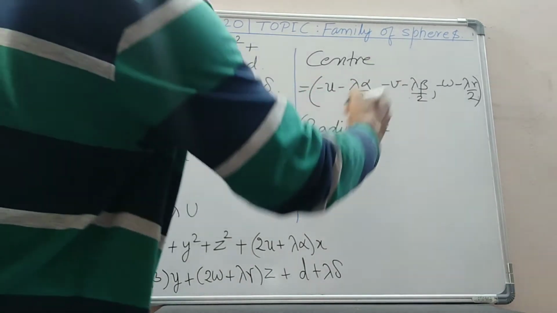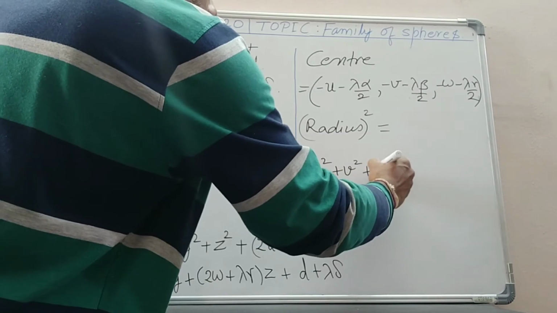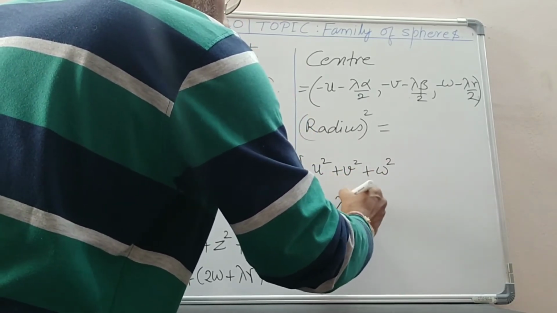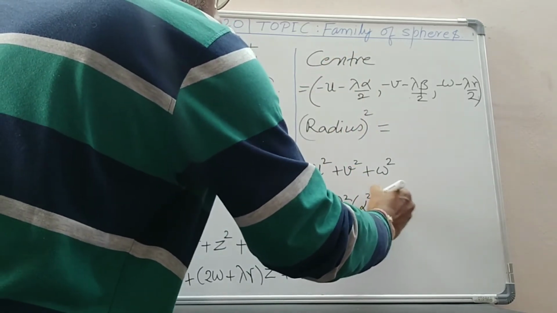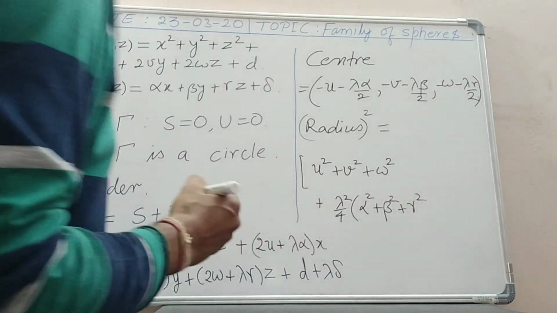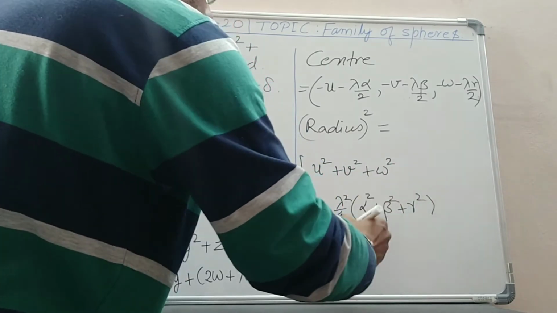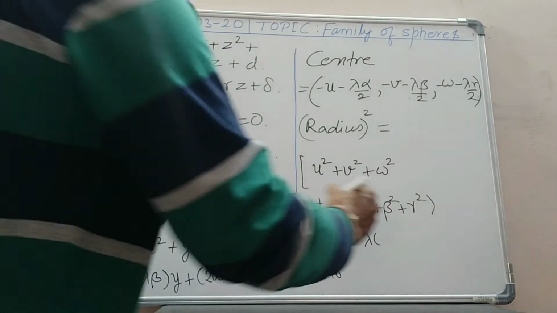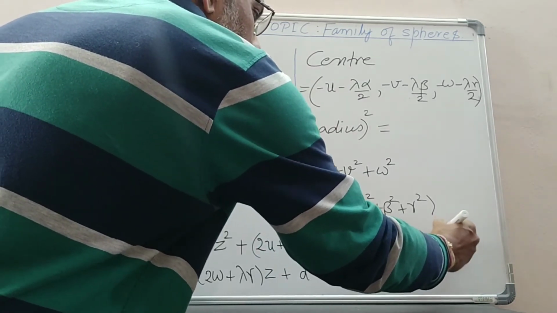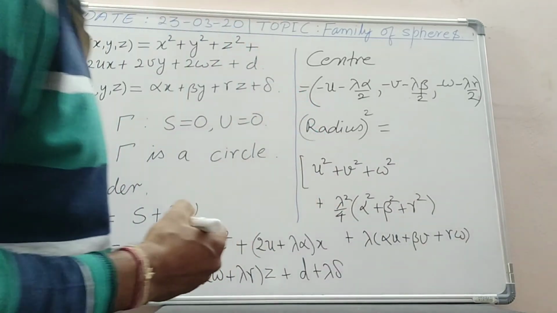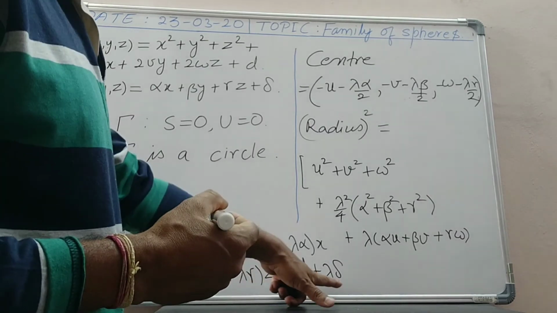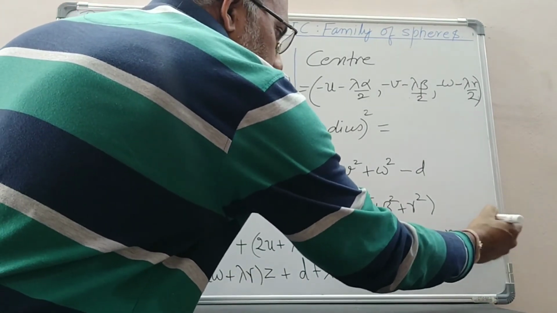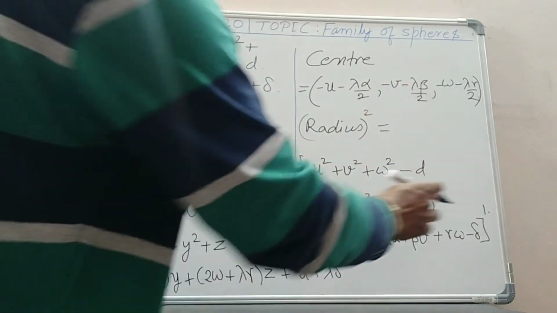So after squaring, what I get is u square plus v square plus w square plus lambda square by 4 times alpha square plus beta square plus gamma square plus lambda times alpha u plus beta v plus gamma w, and minus of this quantity, minus d and minus delta, all this raised to, okay, so I'm looking at the square, so this is what I get.